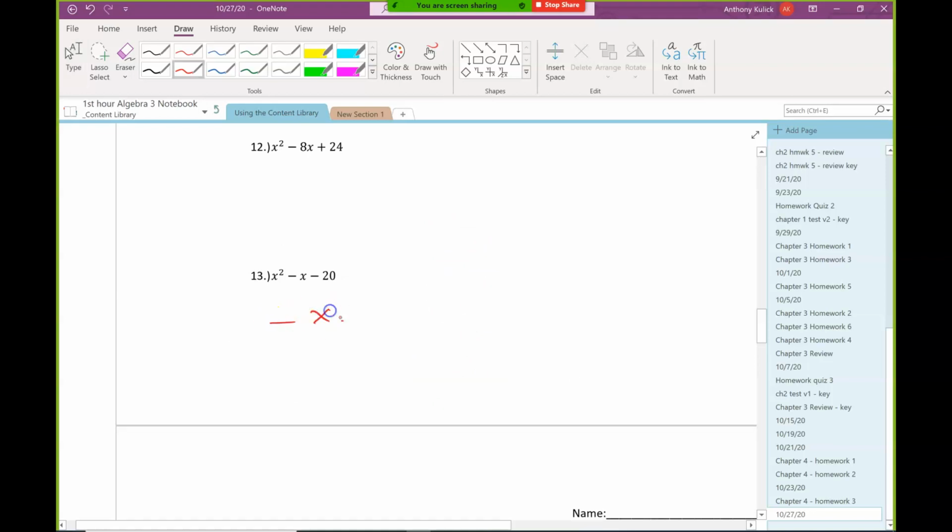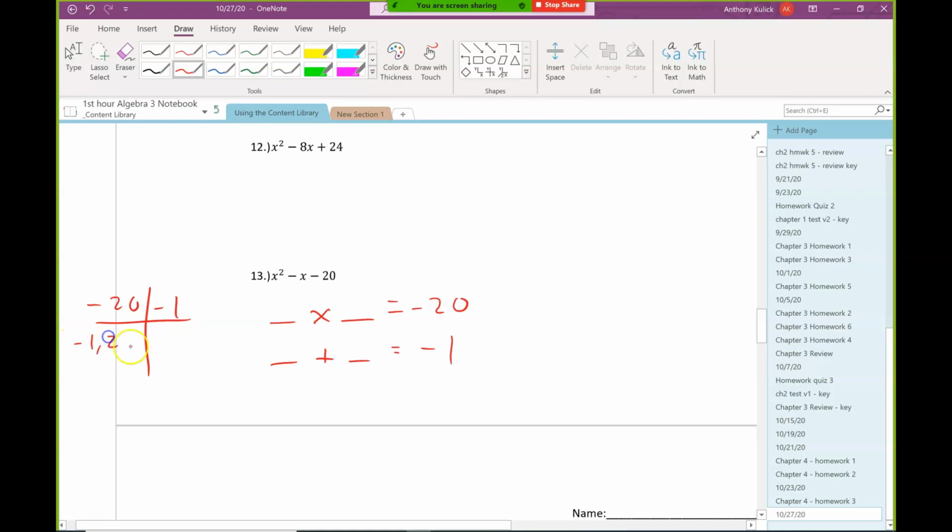So here we're going to look for the two numbers that multiply to give us -20, and add to give us -1. We'll start by making our list.